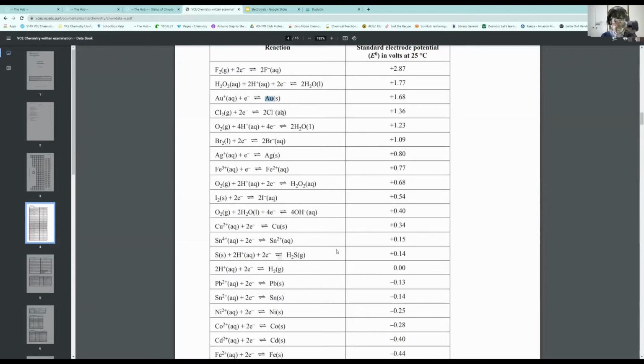The better reductant will tend to be the anode, because the electricity can go through the circuit either way. Whereas with an electrolytic cell, because the power supply is already going in a direction, it's going to force the reaction to go in that direction.